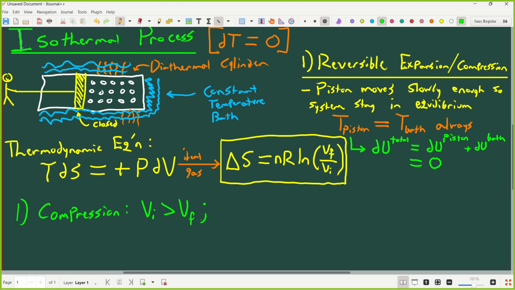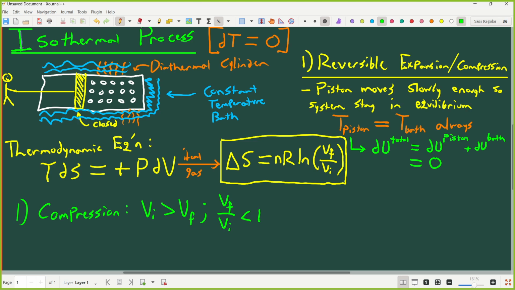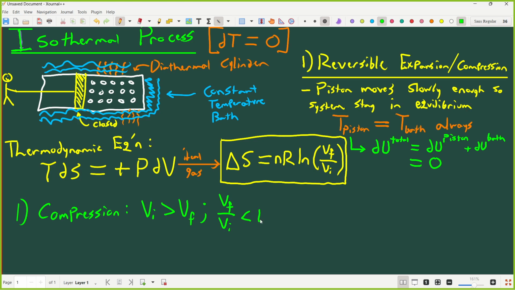So that means the ratio VF over VI is less than 1. It's positive, obviously, because they're both positive, but it's less than 1 and greater than 0. Let's plug that into our equation here. So we have the log of a fraction less than 1.